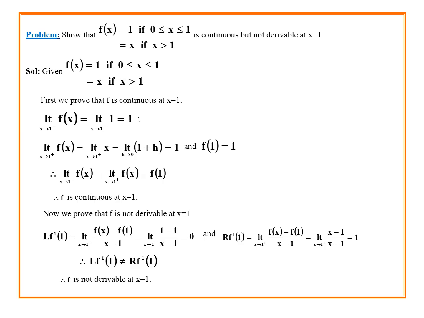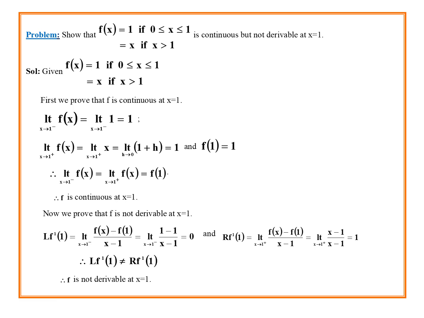First we have to prove that f is continuous at x is equal to 1. Limit x tends to 1 minus, we are finding the left hand limit. Limit x tends to 1 minus f of x is equal to limit x tends to 1 minus f of x, which means 1. That is equal to 1, a constant function, which means the value is 1.